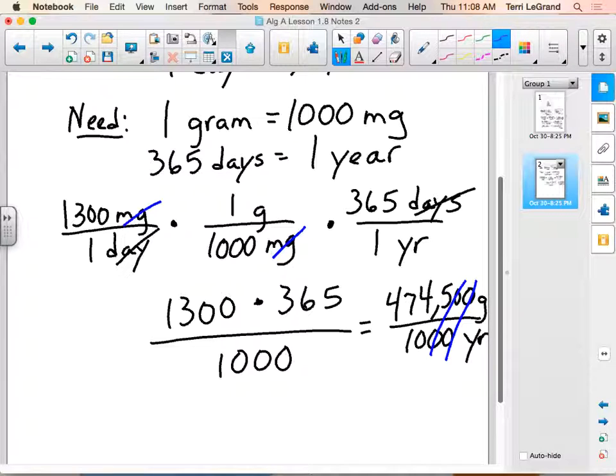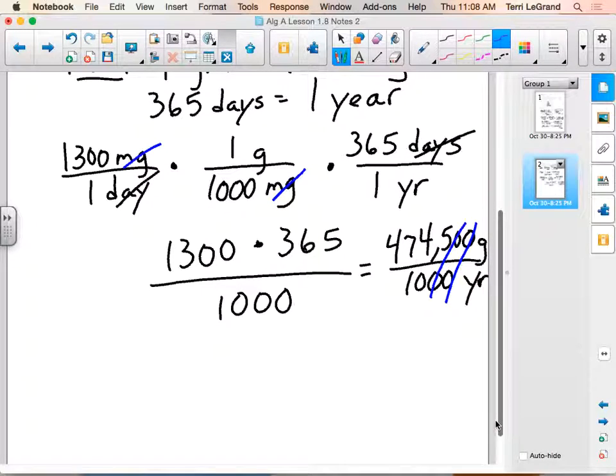Now we have 4,745 over 10, divided by 10. That's a little bit less to deal with. 4,745 divided by 10. I'm trying to get you not to take out your calculator for this. Take those fingers off the calculator. When you divide by 10, it's the same as moving the decimal point 1 place to the left. That's right.